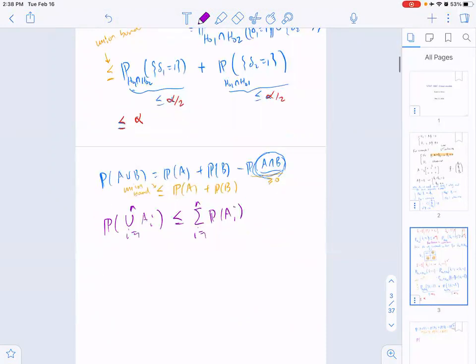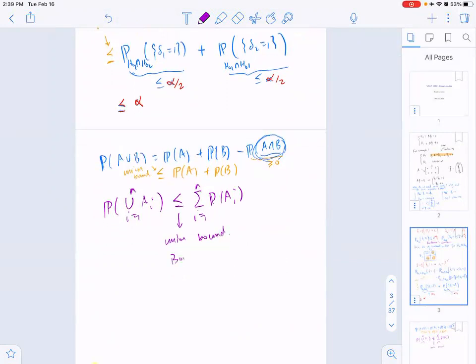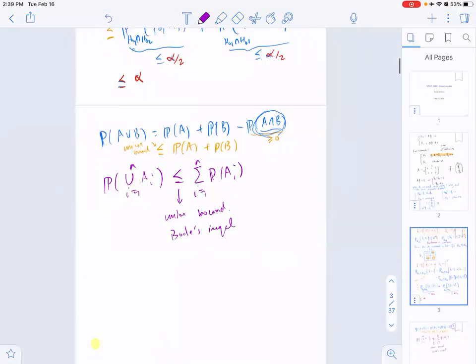This is oftentimes called the union bound, the general form, or Boole's inequality, or one of the Bonferroni inequalities.